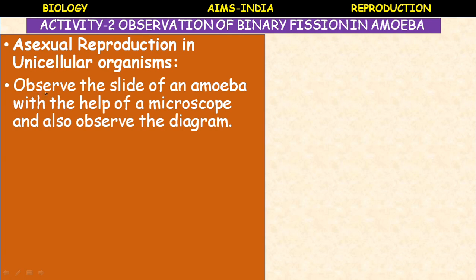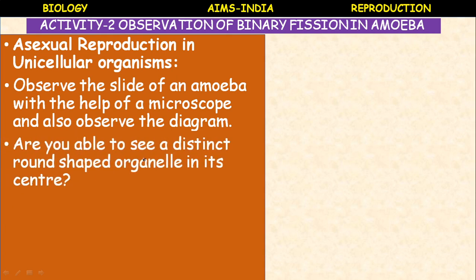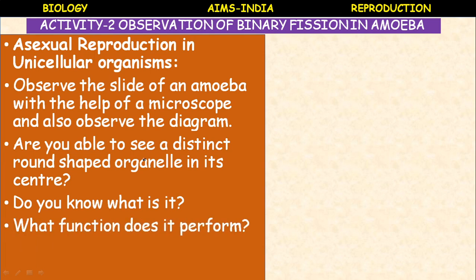Observe the slide of an amoeba with the help of a microscope, and also observe the diagram. Are you able to see a distinct round shaped organelle in its center? Do you know what it is? What function does it perform?